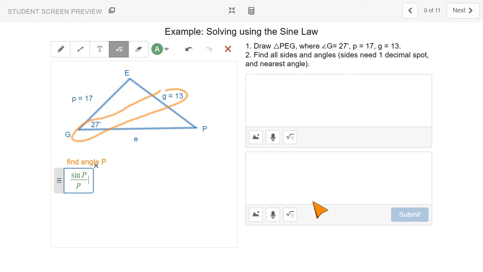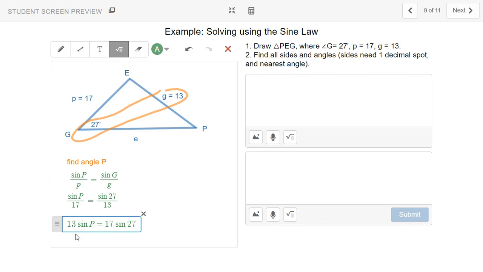Sine P over side P is equal to sine G over side G. Sine P over 17 equals sine 27 over 13. Let's cross multiply. 13 sine P is equal to 17 sine 27. Let's rearrange it to isolate for sine P. So sine P is equal to 17 sine 27 over 13.